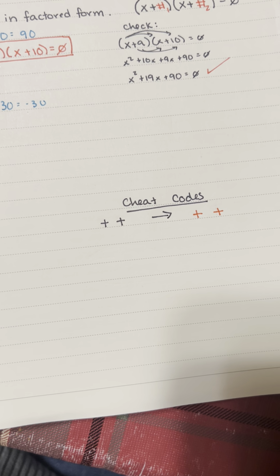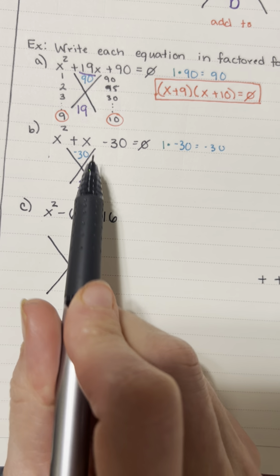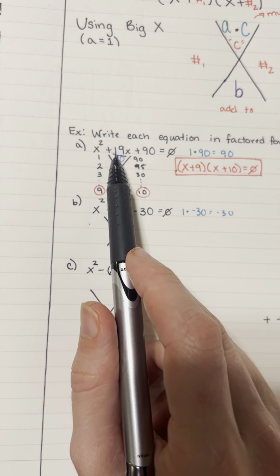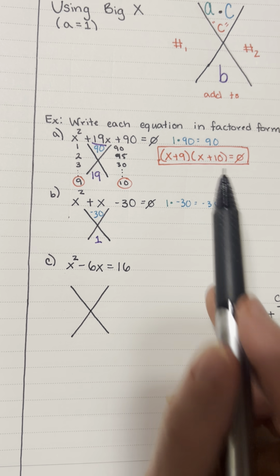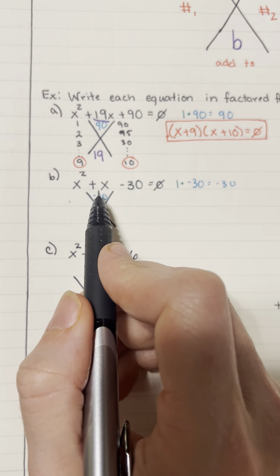So if b is positive and c is positive like it was here, then when I go to factor it, I'm going to have a positive 9 and a positive 10, right?